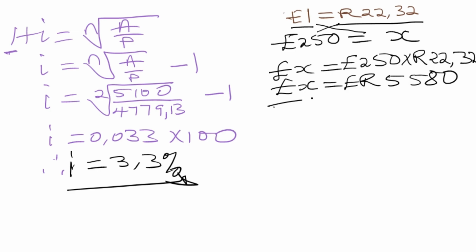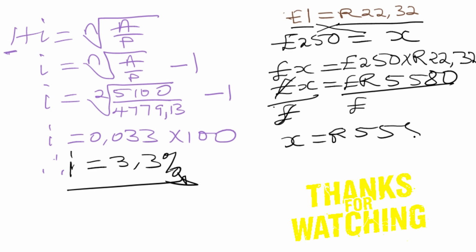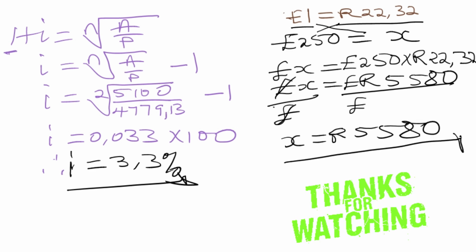Now we need to divide by the euros, the left hand side and the right hand side. They cancel. X is equal to 5,580. So this is the amount that you get in South African rands.